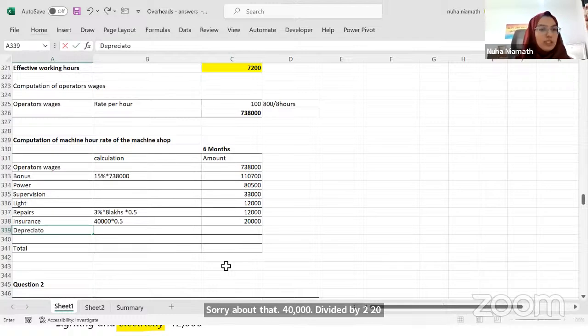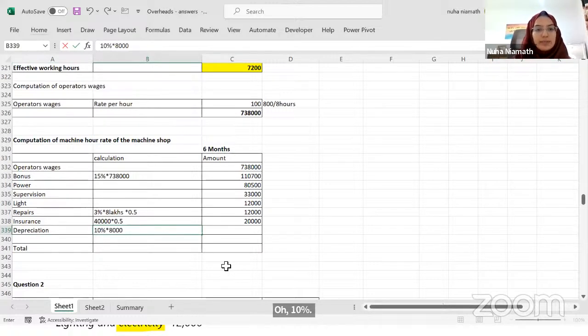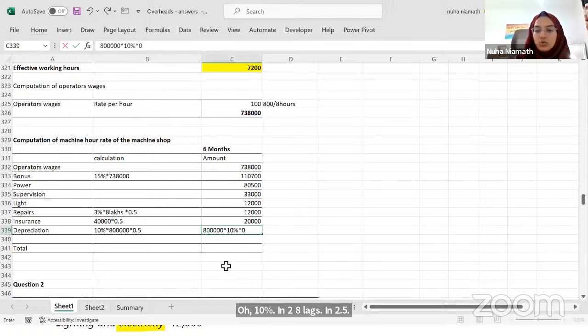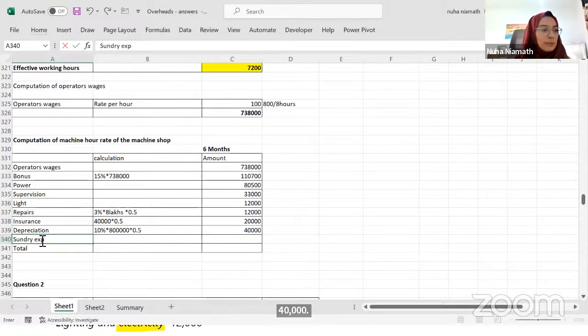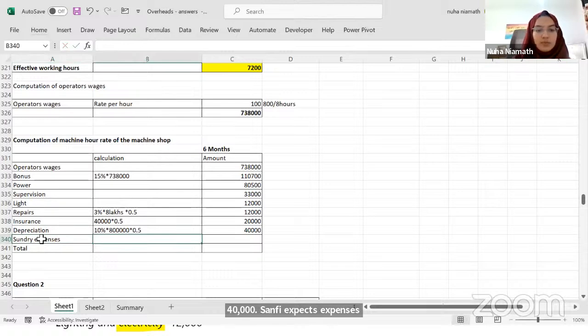Depreciation is given to be 10%. So 10% into 8 lakhs into 0.5, 40,000. Sundry expenses, 12,000 divided by 2 for the year.